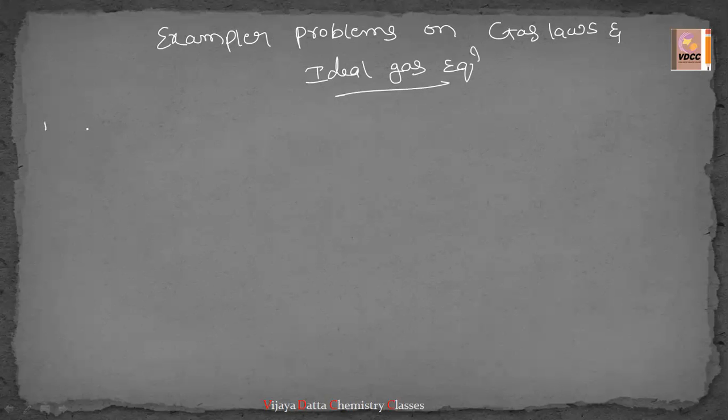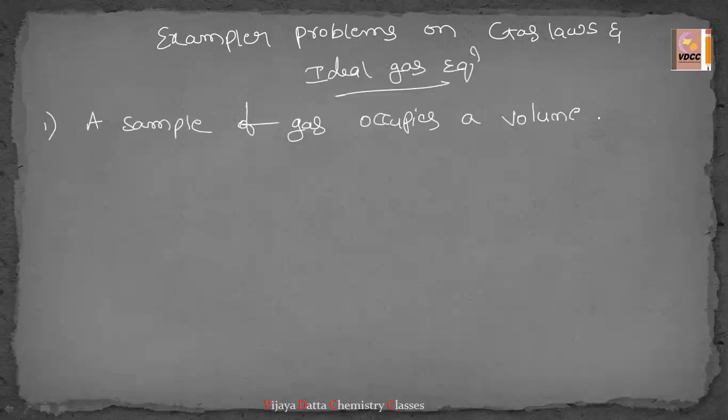A sample of gas occupies a volume of 512 milliliter at 20 degrees Celsius and 74 centimeter of Hg as pressure.